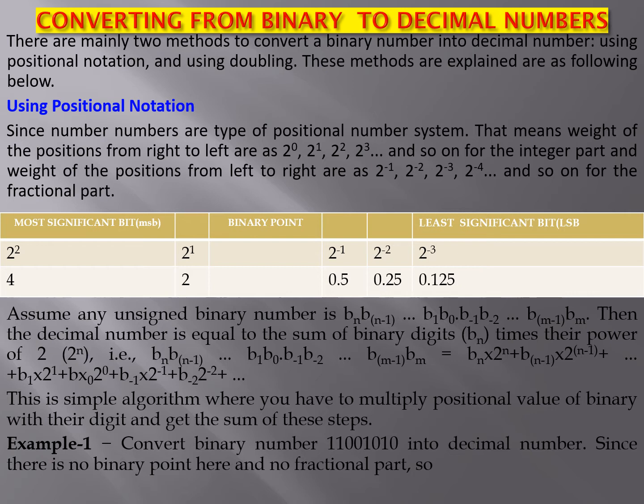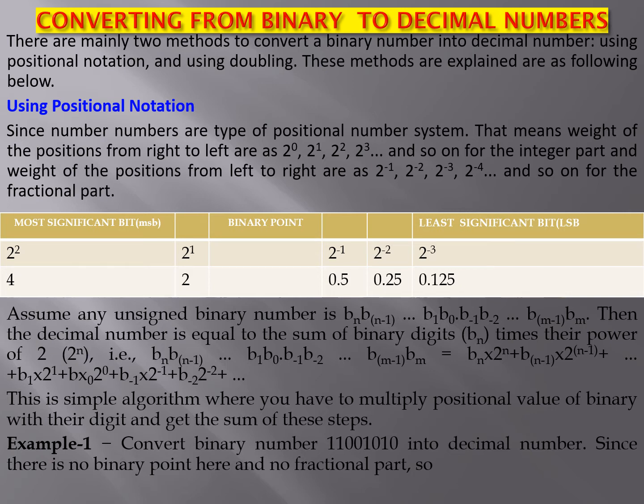That is, bn into 2 to the power of n, plus bn minus 1 into 2 to the power of n minus 1, plus and so on, plus b1 into 2 to the power of 1, plus b0 into 2 to the power of 0, plus b minus 1 into 2 to the power of minus 1, plus b minus 2 into 2 to the power of minus 2, and so on.